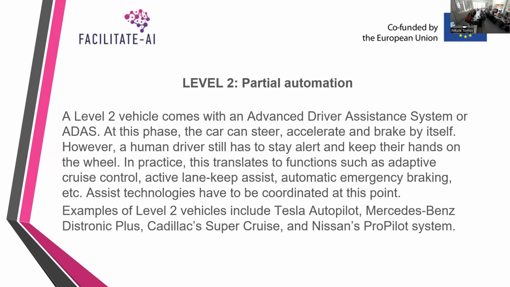The next level is driver assistance systems. So it can alert you, it can apply brakes, it can change the lane that you go through. Some examples are the Tesla Autopilot, but I know autopilot is not a very good term.